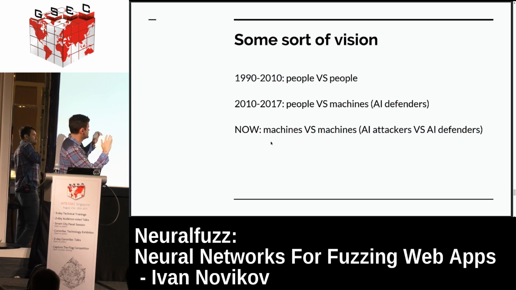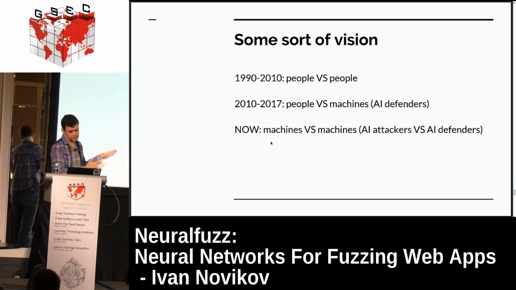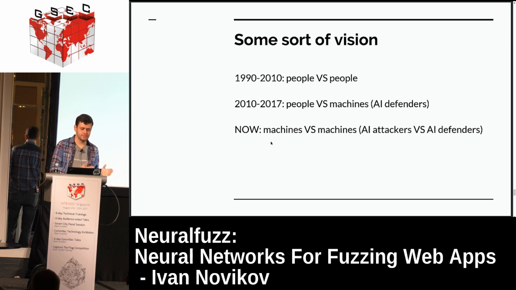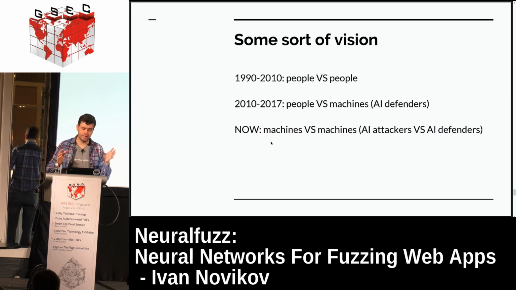So 10 years ago, even 20 years ago, it was a people versus people battle. Attackers were people and defenders were also people. Nowadays, we have AI-based defenders, like, I don't know, Silence, some kind of companies with strange names, with Psi inside.